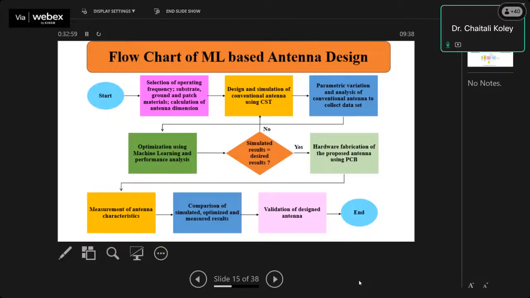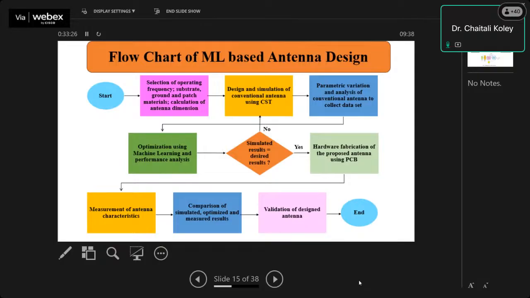You are going to design and simulate using CST or HFSS software. Then you have to do parametric variation, varying the dimensions, whether related or not related parameters, to create the data set.